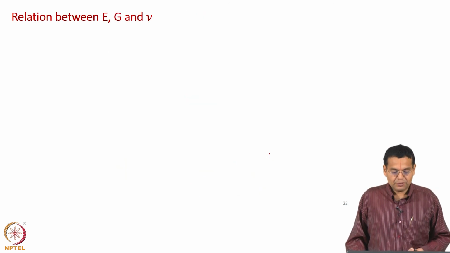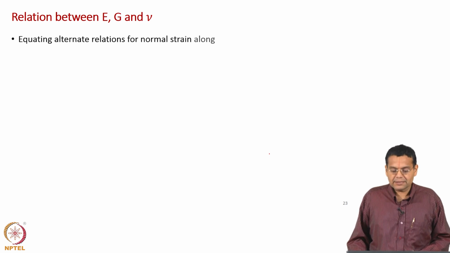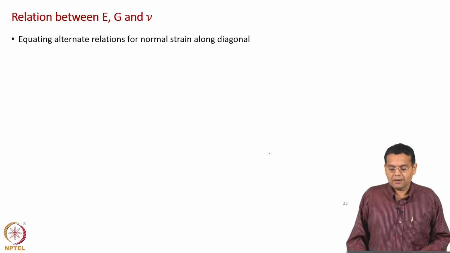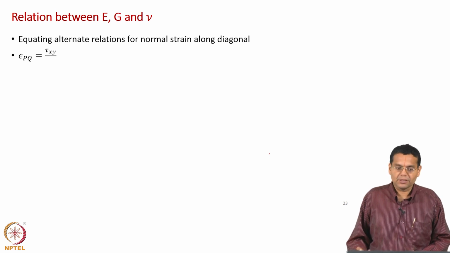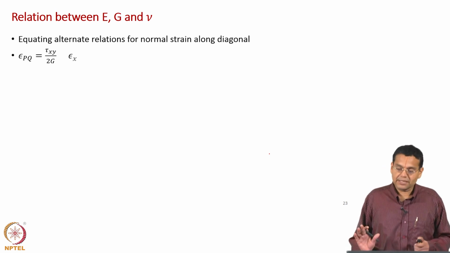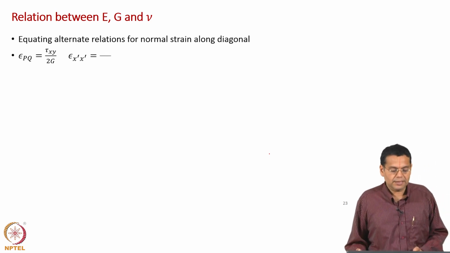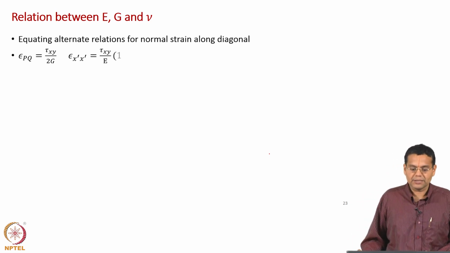So, now it becomes very simple: equating alternate relations for normal strain along the diagonal. First we found epsilon p q, the nomenclature was epsilon p q, but the significance is the same, normal strain along the diagonal equal to tau xy by 2G.